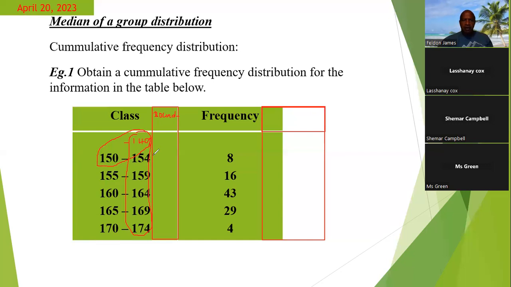So after you find the 0.5, all you're going to do is add that 0.5 to all of the values in the right column, and those values are going to give you the boundary values. So for the first boundary value, we would have just 149.5. You add 0.5 to all the values in the right column, and you get your boundary value.